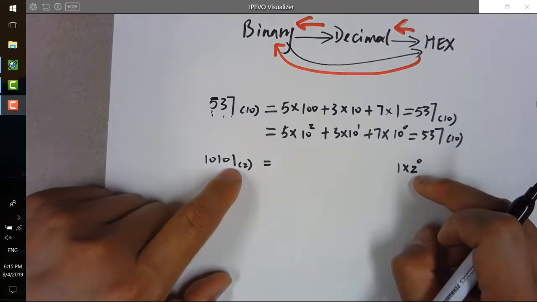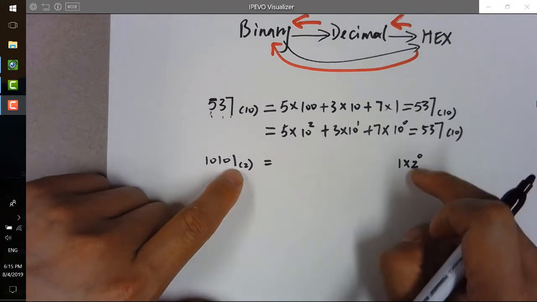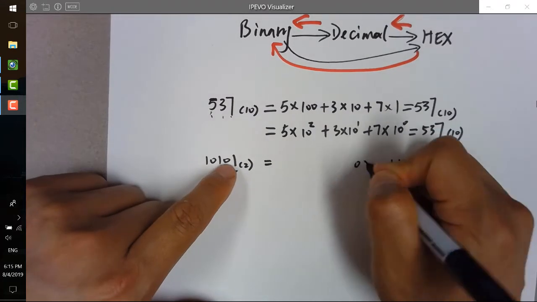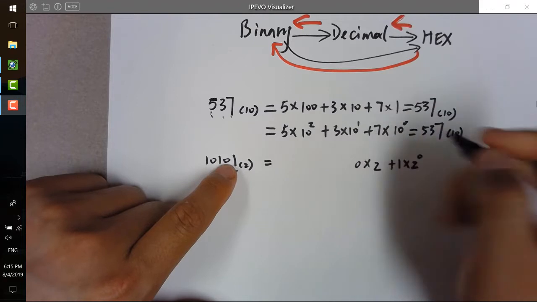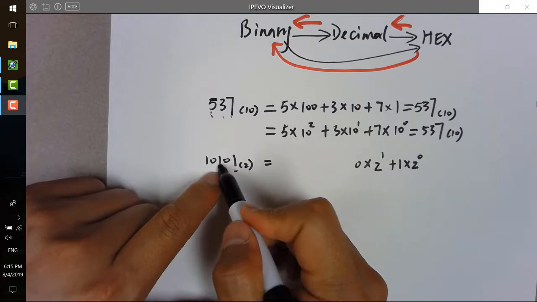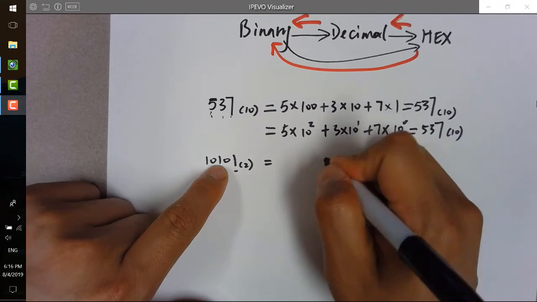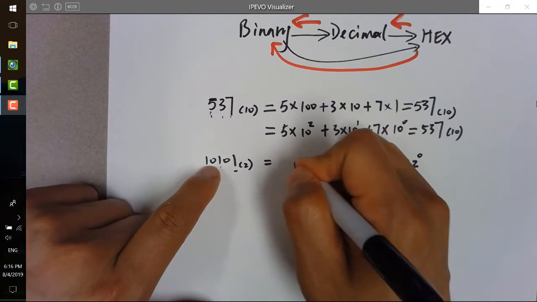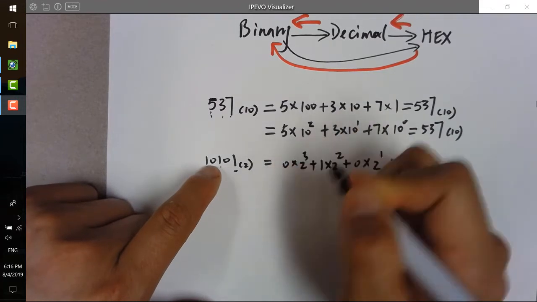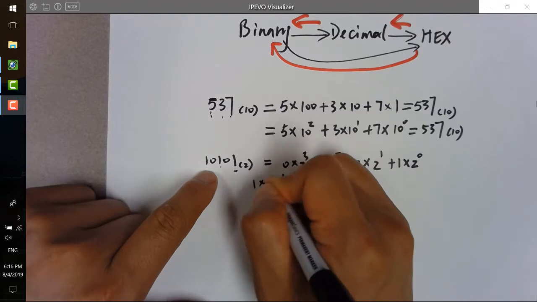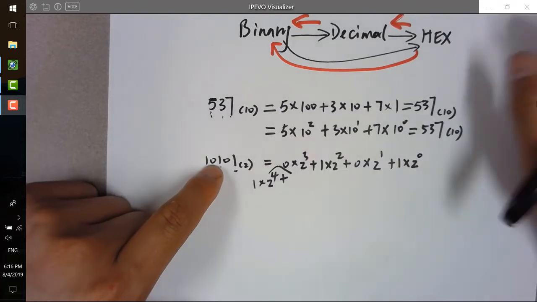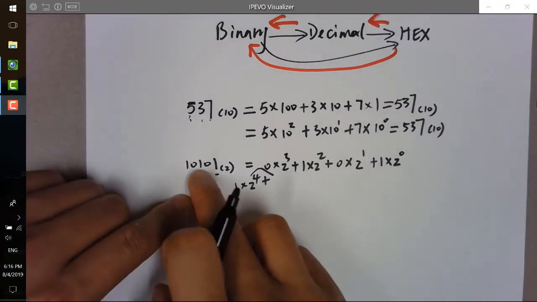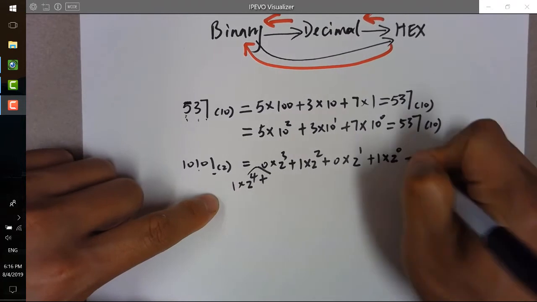Then this digit represents 0 times 2 to the power of 1, and this digit is 1 times 2 to the power of 2. Here is 0, and then add another one. This is how you split all these digits and put them together, and now you can recover this number.